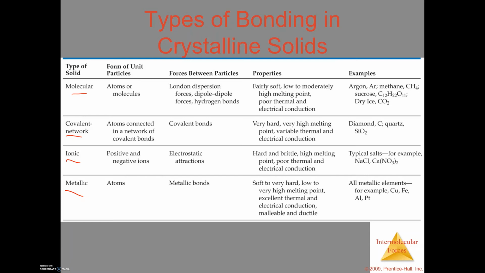But if I let that block of ice sit there long enough, where's my evidence going to go? It's going to melt. Because water, even though it's hard, is still a soft substance because it has a low melting point. So water would be considered a molecular solid because it has a low melting point.